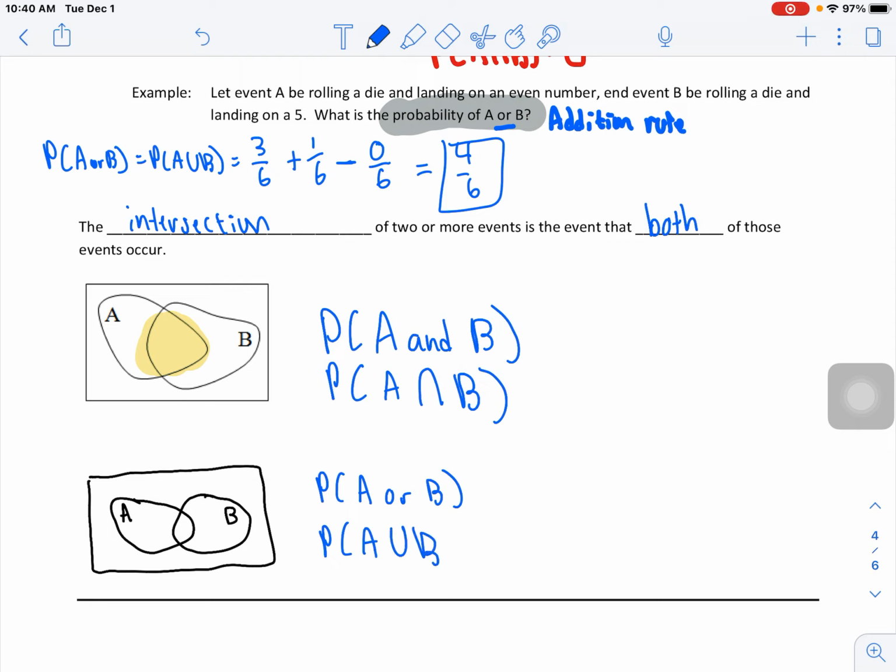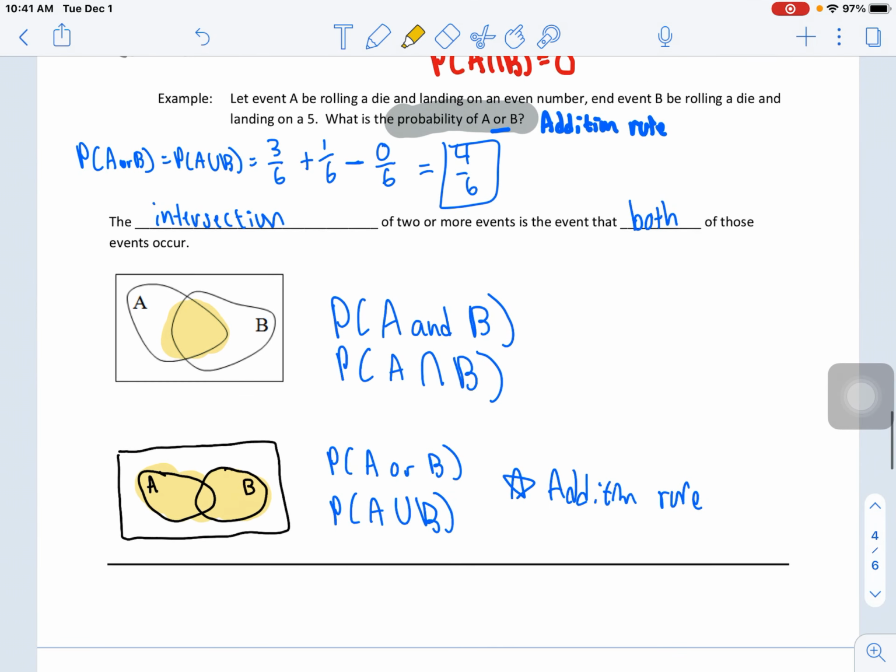That's the union. This is the addition rule. And this is not just the middle piece, but everything. Okay, so hopefully these two pictures help you make sense.